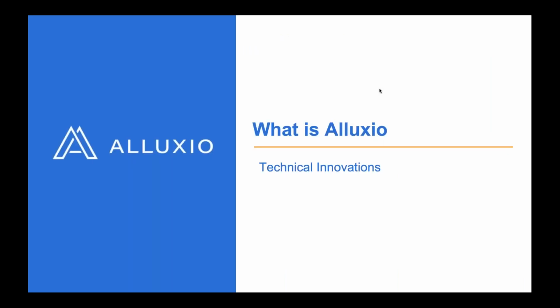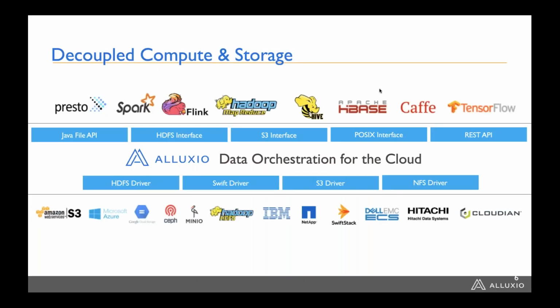But what is Alluxio? If this is the first time you hear about Alluxio, I want to introduce it from three different technical innovation perspectives. At a high level, Alluxio provides a data abstraction to decouple compute and storage.